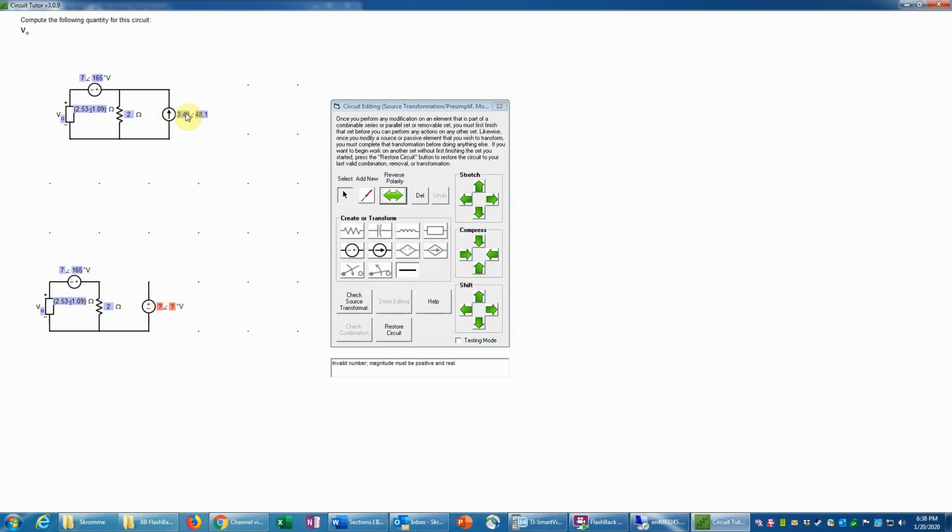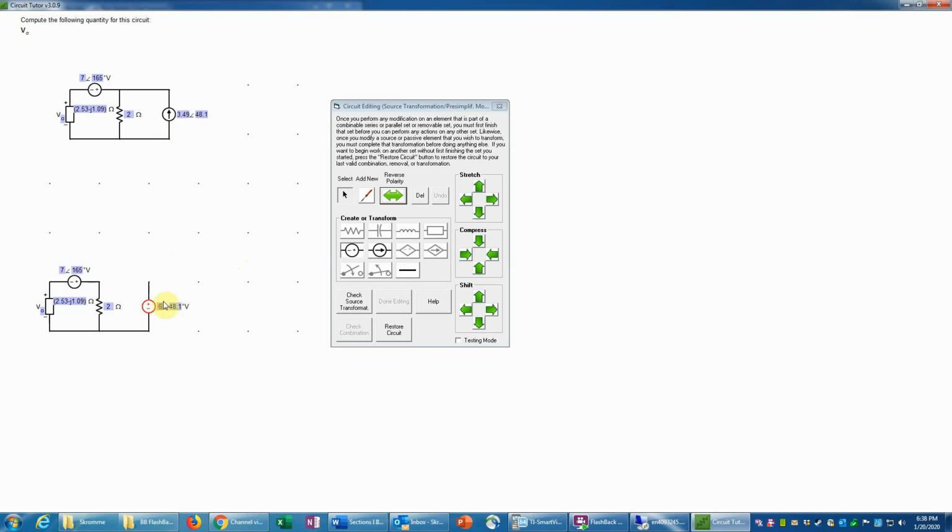So I need to multiply this. I basically take IZ is the value of V. V equals IZ is the relationship here. So I need to multiply that by 2. So since 2 has a phase angle of 0, that won't change the phase angle at all. So that'll still be 48.1 degrees. But this will be, let's see, that will be 6.98, doing that in my head.